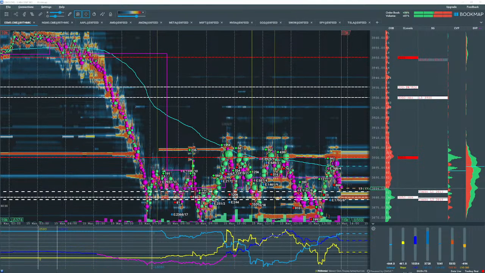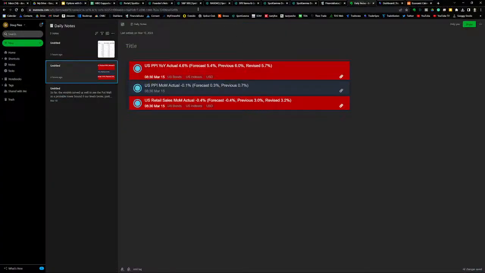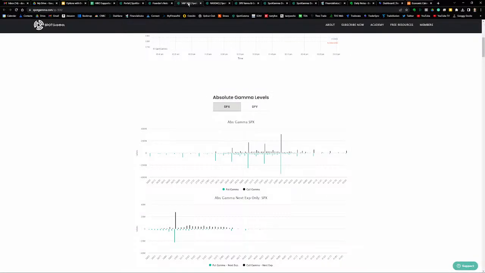So let's take a look at these levels. We can take a look at, first of all, the S&P 500. These are the absolute gamma levels, and this will show you what I'm talking about. So this is the SPX, and this is the zero line here, this horizontal line.